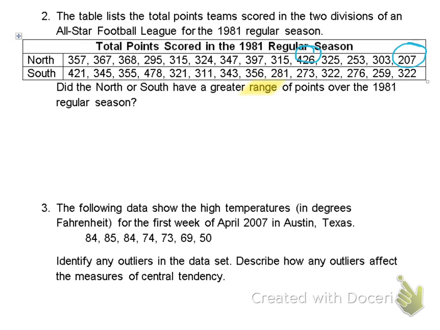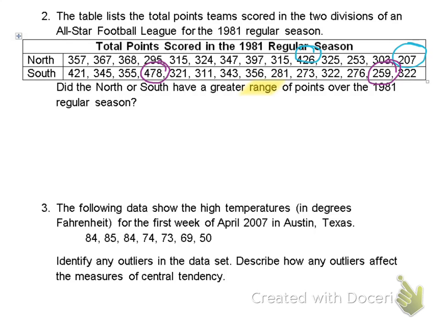I kept going and found 259. So then I double checked to make sure that was the smallest, and it is. And then the largest, I do have a couple 400s here, 421 and 478. So 478 is bigger.